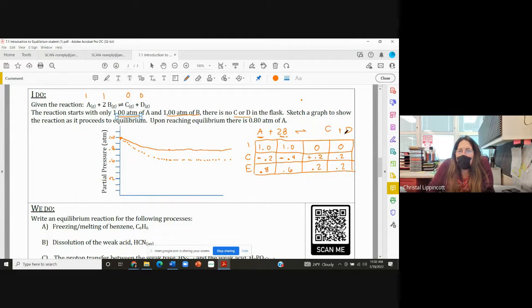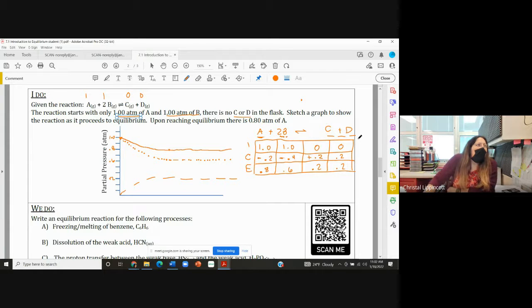And then C and D start out at 0, and they're going to go to 0.2. And this is C and D, which I try to do as more of a dashed line that way. Does that make sense? Does that work for you guys?